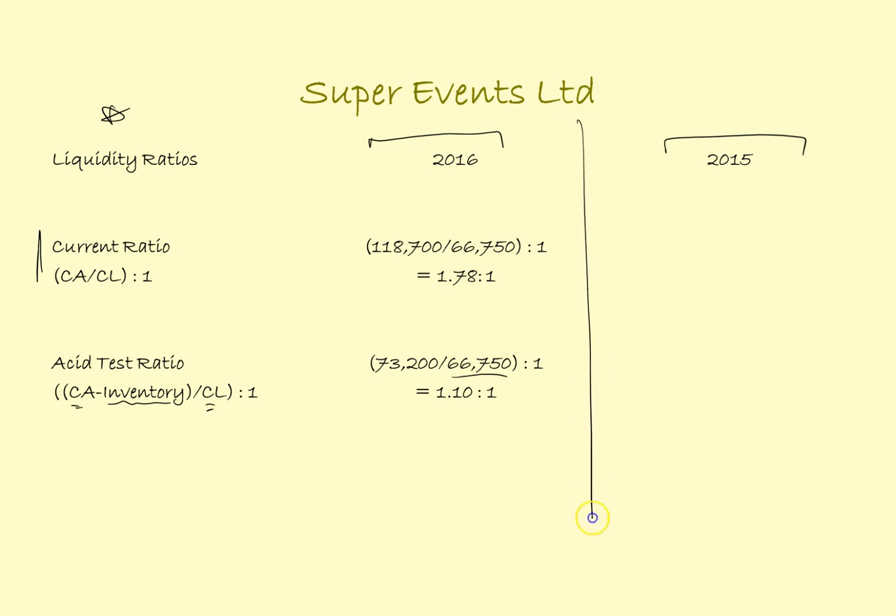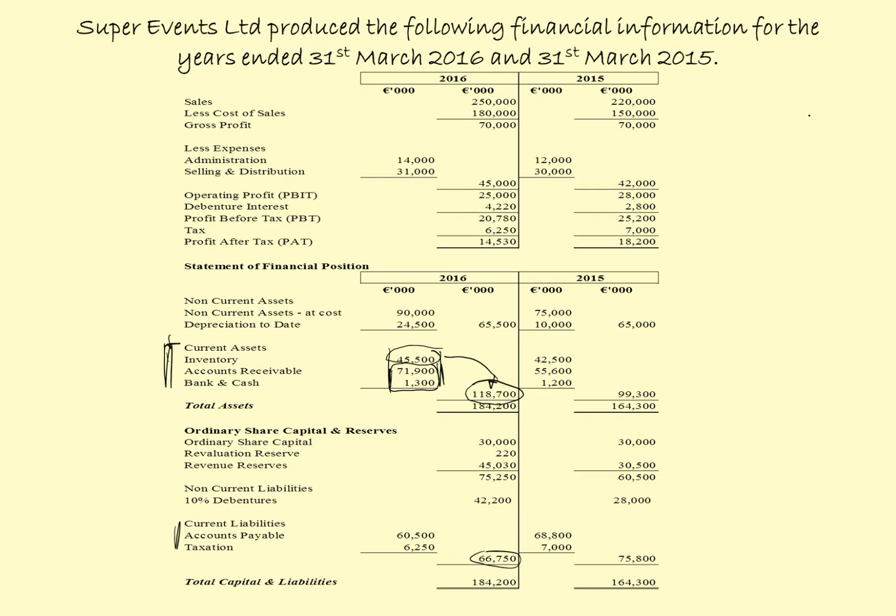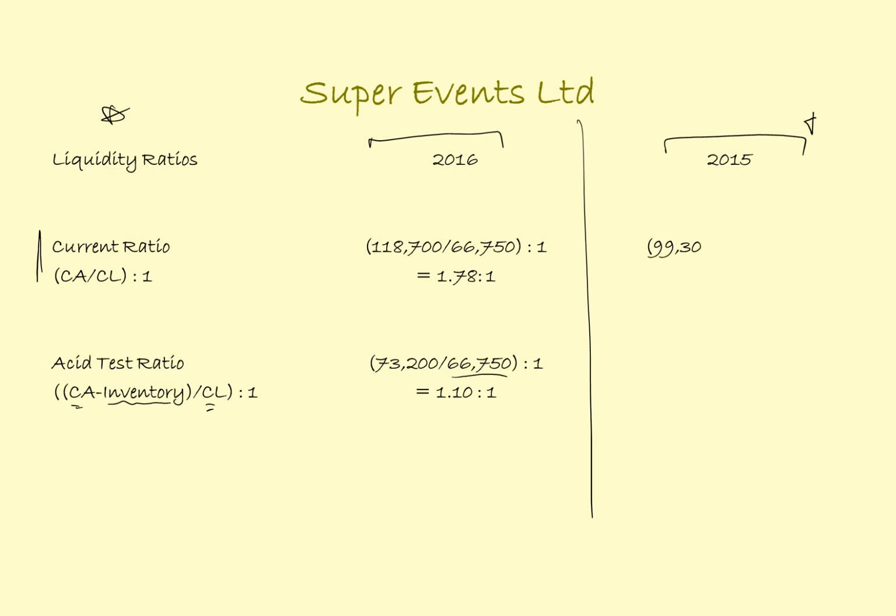Now I'm going to look at the 2015 figures, and don't forget you can pause and rewind at any point. So for 2015, again I'm going to look at my current assets. So there's the figure there, 99,300, and my current liabilities, 75,800. So I pop those figures in, and I get 1.31 to 1.